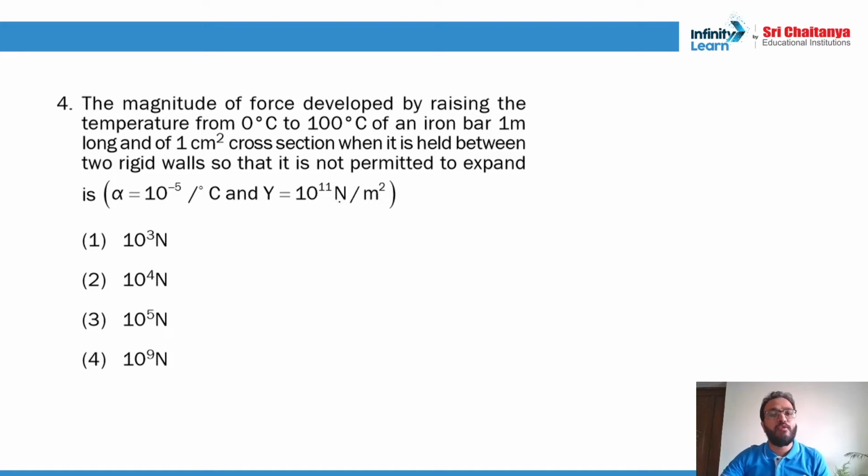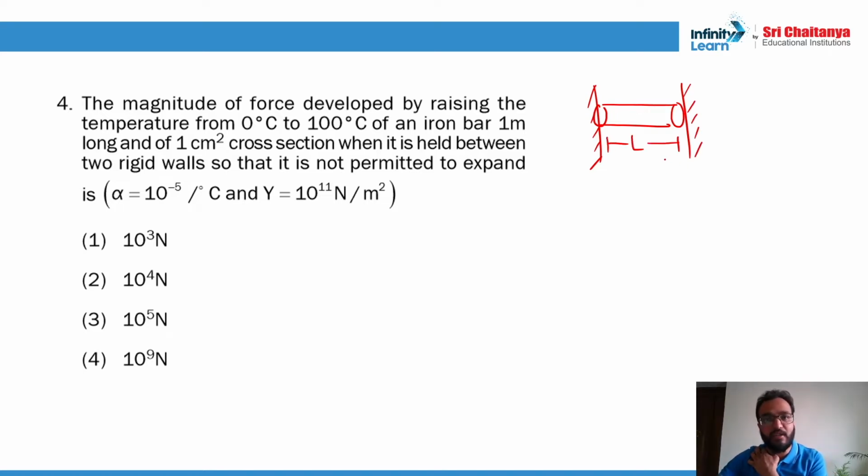The magnitude of the force developed by raising the temperature. So this is a question of thermal stress. What they have done is taken a rod and fixed the rod between the walls. Since they have fixed the rod between the walls, the length of the rod is constant. If you try to increase its temperature, the length of the rod will try to increase, but these walls will not let that happen, because of which stress will be developed.